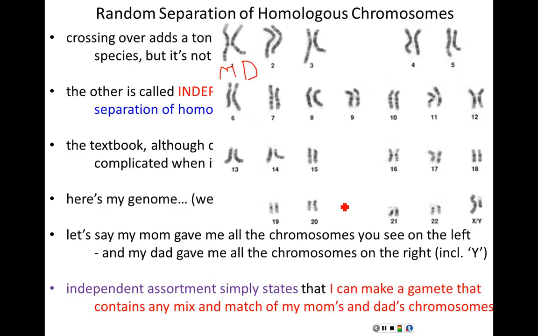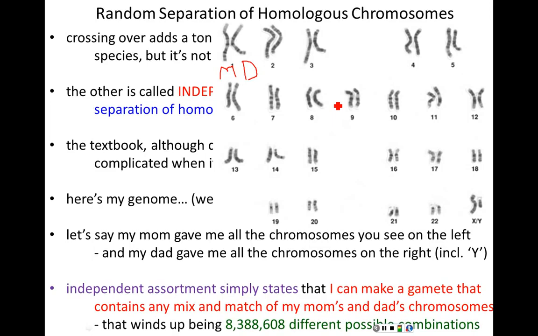But independent assortment says every single possible combination is possible. Dad's 1, dad's 2, mom's 3, mom's 4, mom's 5, mom's 6, dad's 7, dad's 8, mom's 9, fine. Another combination that goes every other: mom's, dad's, mom's, dad's. All of it is possible.